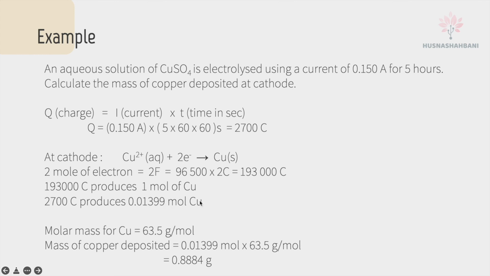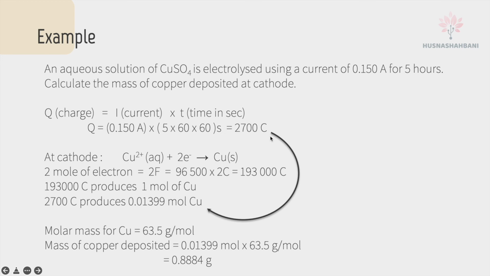From the number of mole of copper that you have, you can calculate the mass of copper when you use 2,700 coulomb. Mole convert to mass, you have to multiply with the molar mass of copper, 63.5 gram per mole, and the mass of copper deposited using 2,700 coulomb is 0.8884 gram.